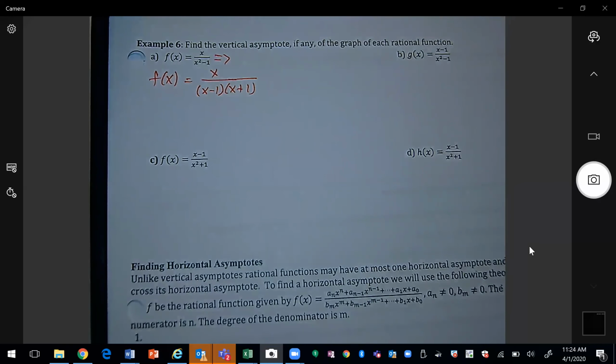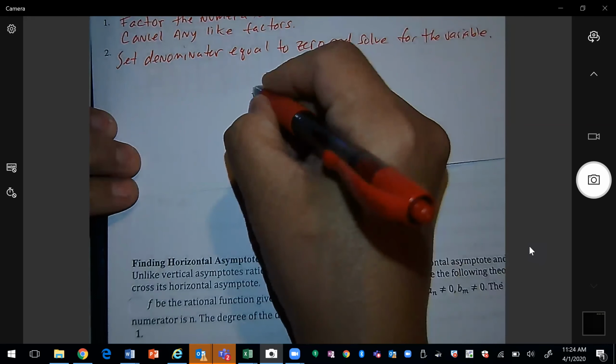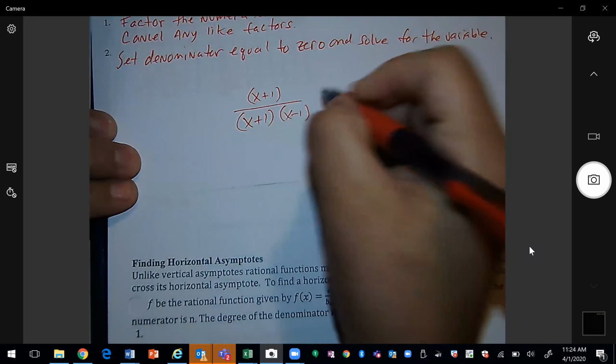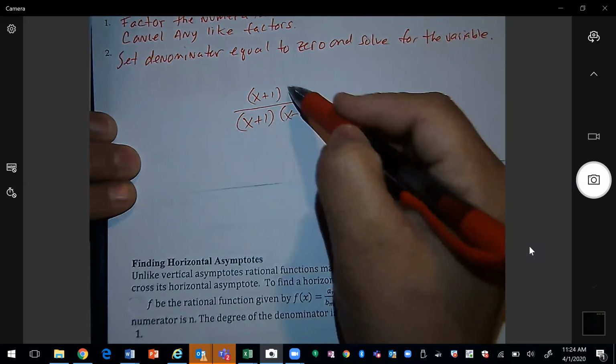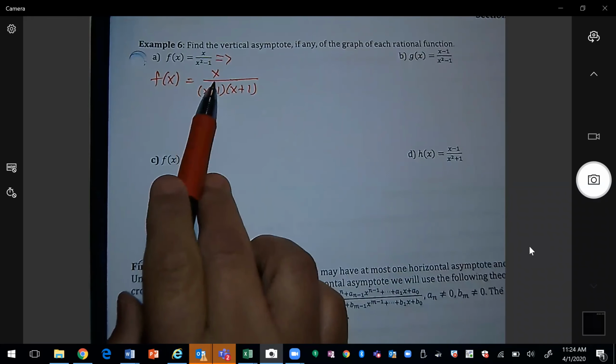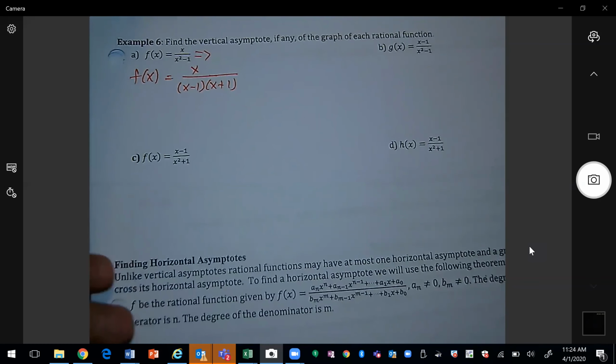And then you want to ask yourself, can you cancel anything here? And we can't. The only time you can cancel something is if we had, for example, something like this, then we would be able to cancel the x plus 1. But in this example, we only have x up here, so we cannot cancel. So it's already done for us there.